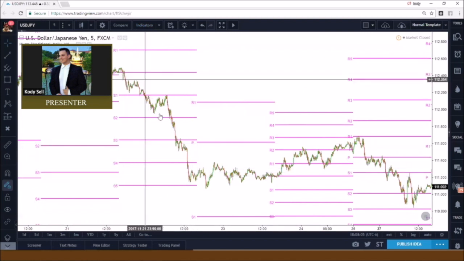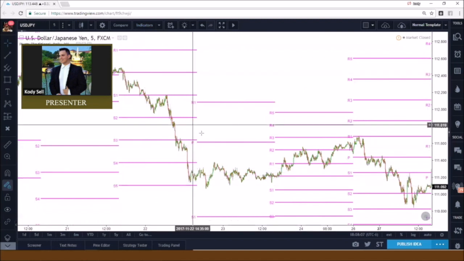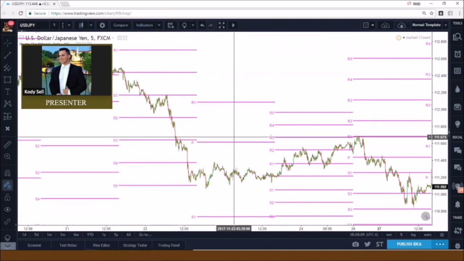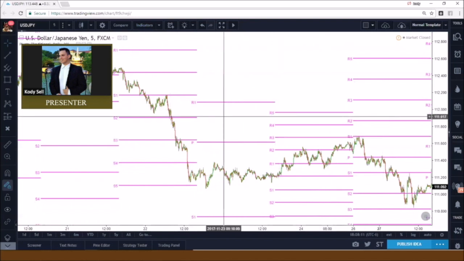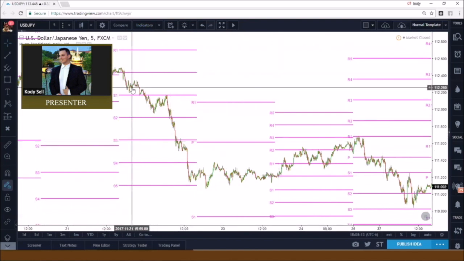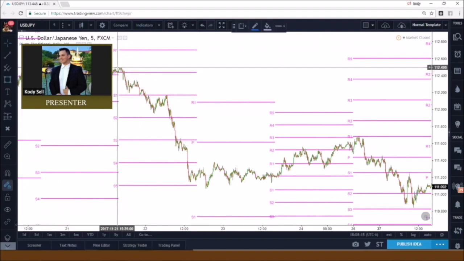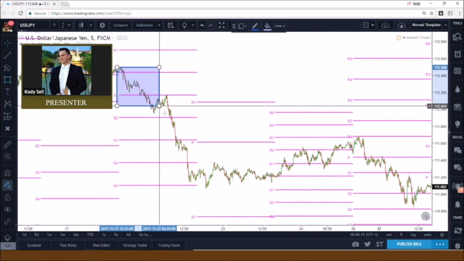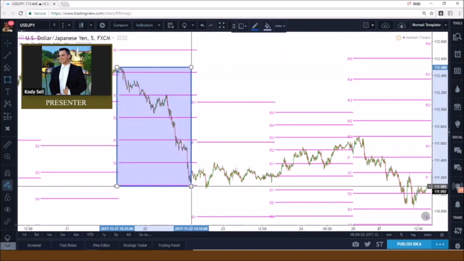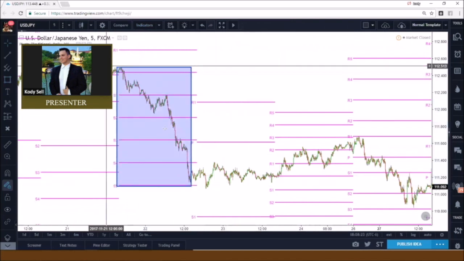So this is the day as it moves on, and then a new day begins, and this is the whole day here, and then another day, and it continues on. So notice how on this day, when we began at the beginning of the day, price moved all the way down. It was a very trendy day, a large movement in price.